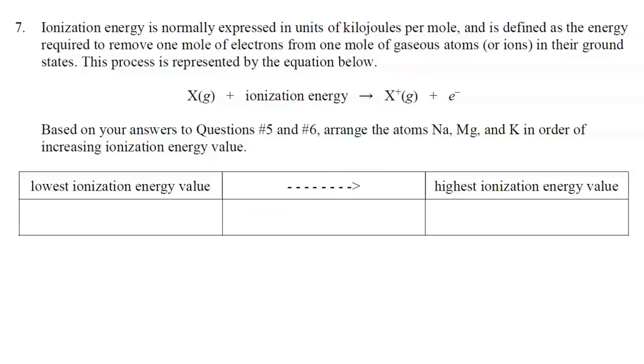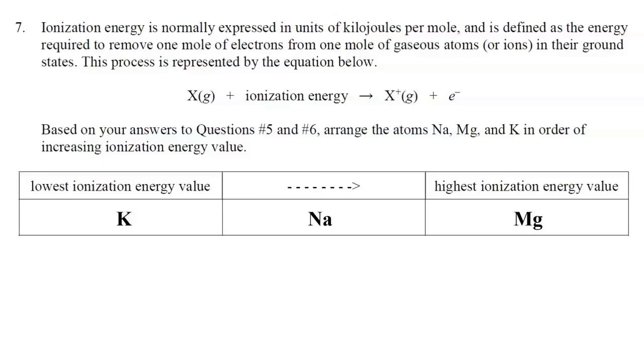So if you recall the answers to questions 5 and 6, sodium had a stronger attraction for its valence electron as compared to potassium, because the sodium's valence electron was in energy level 3 as compared to potassium's valence electron in energy level 4. So the sodium's valence electron was closer to the nucleus and more strongly attracted.